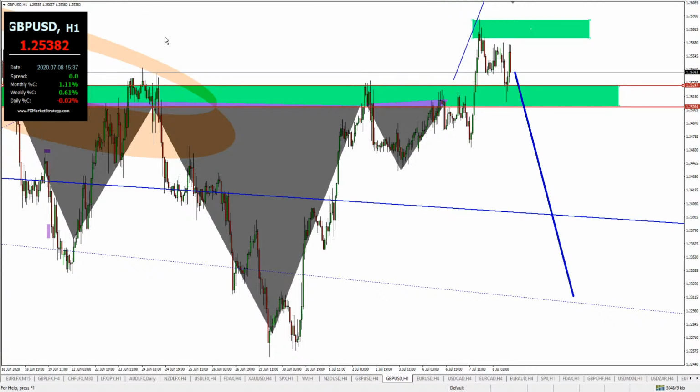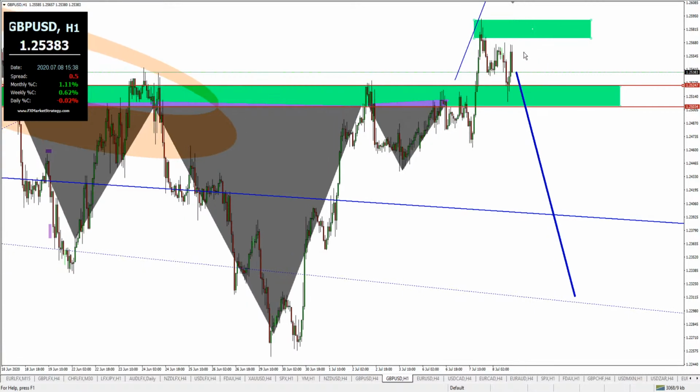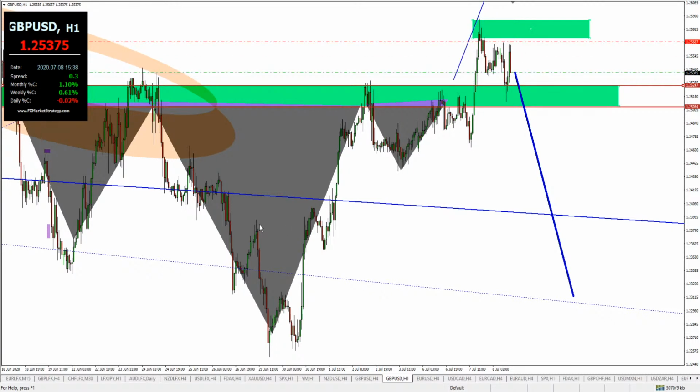So if we would open a small sell, let's say 0.2, and sell it here, that's my stop loss, and the profit you can go for here, okay, which is not too bad.